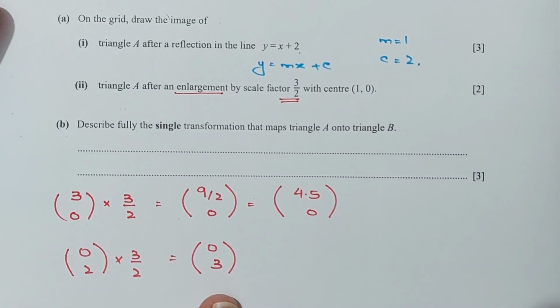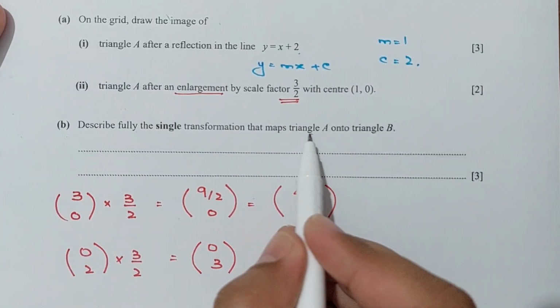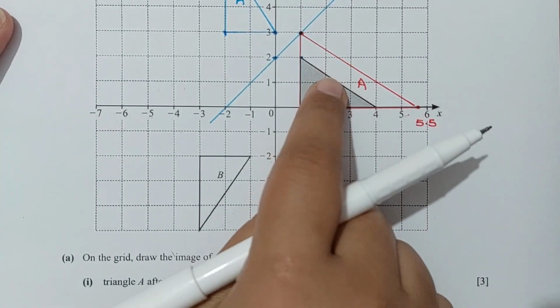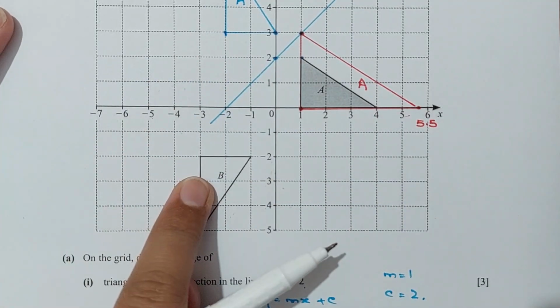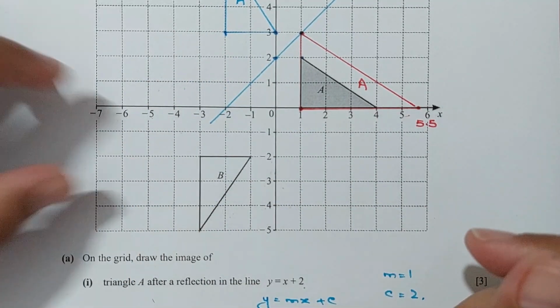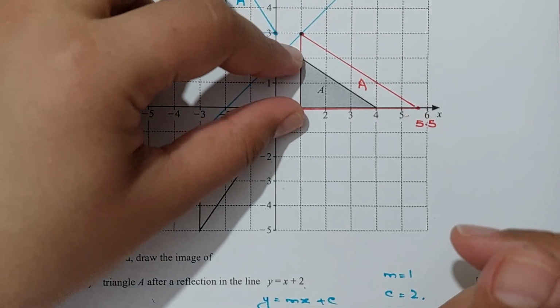Right. Now for part B, describe fully a single transformation that maps A onto B. Here is triangle A and here is triangle B. It is a rotation. So if we fix this length, it is a rotation.